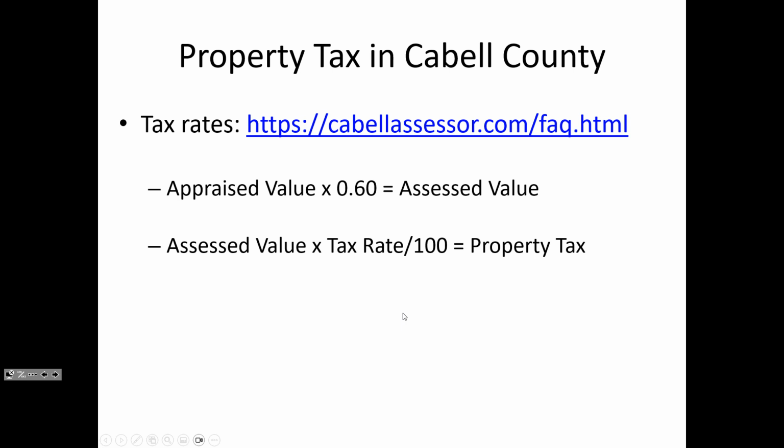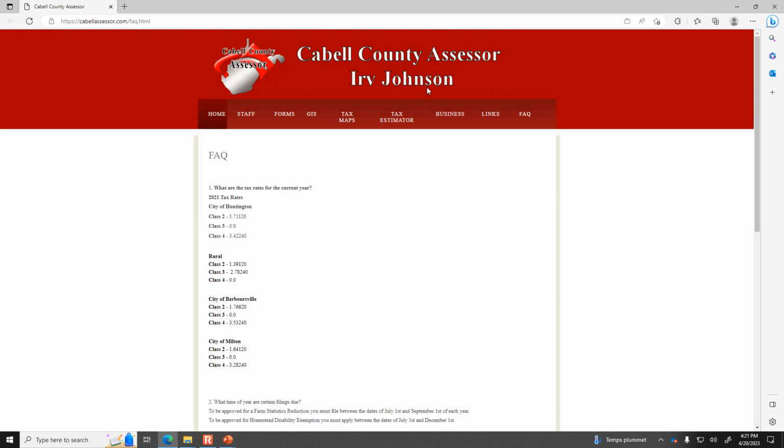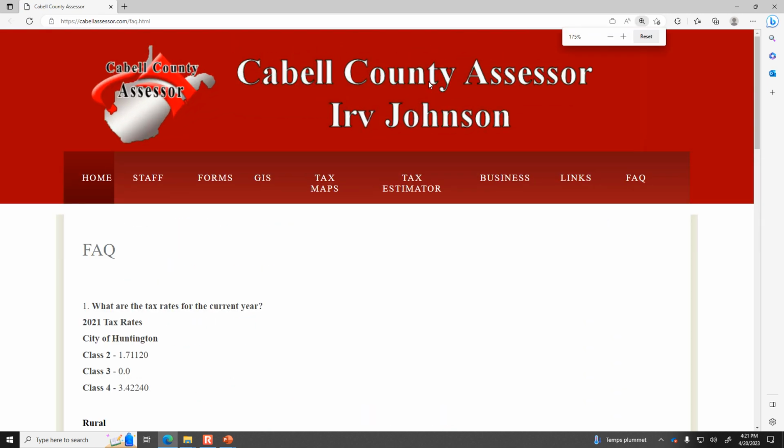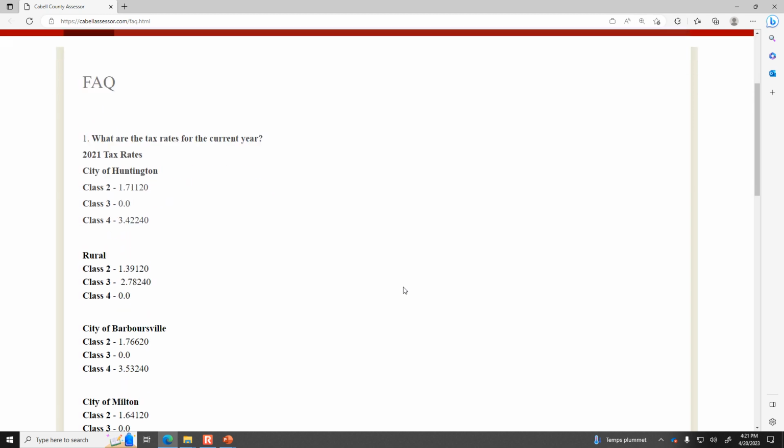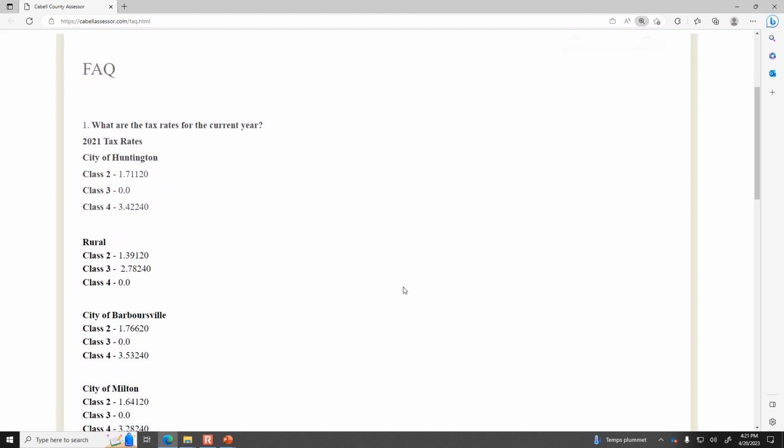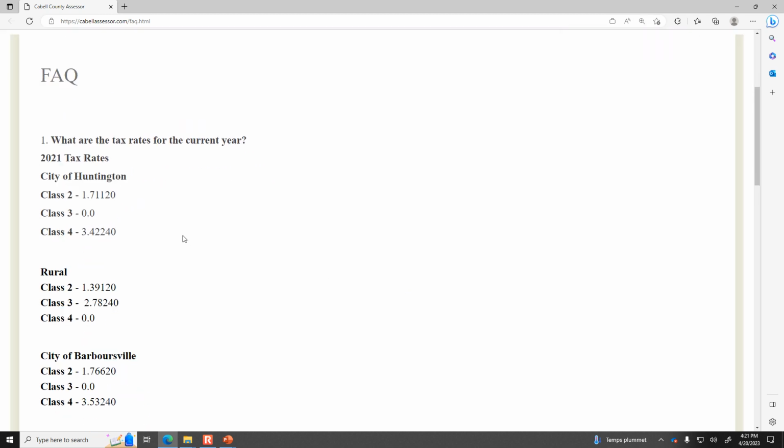So let's talk about property tax, and the property taxes here in Cabell County are a good illustration of what's true in a lot of counties in the United States. So the tax rates are available on the Cabell Assessor's website, and let me just show you that the tax rate is different depending on where you live in the county.